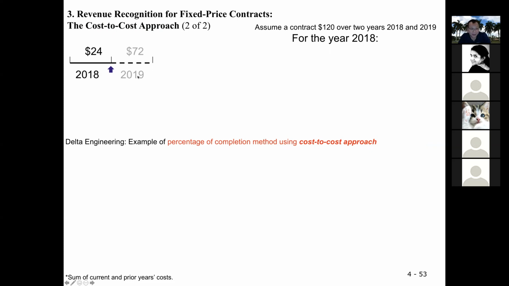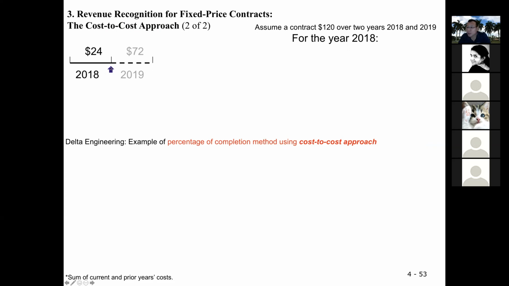I'm using these gray numbers to mean future events. There's uncertainty; this is the estimate. This arrow means the time point. So we are at the end of 2018, right?